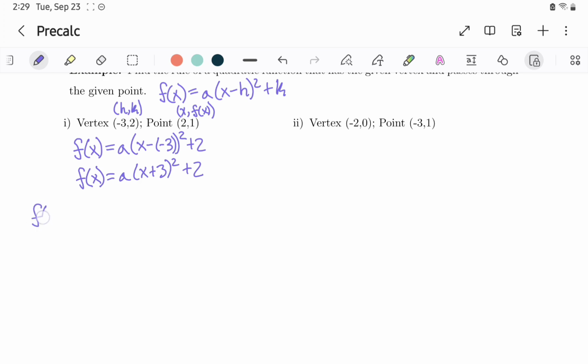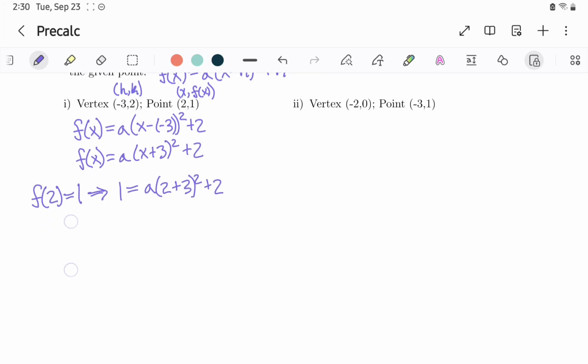So f of 2 equals 1 implies that we have the equation 1 equals a times (2 plus 3) squared plus 2.